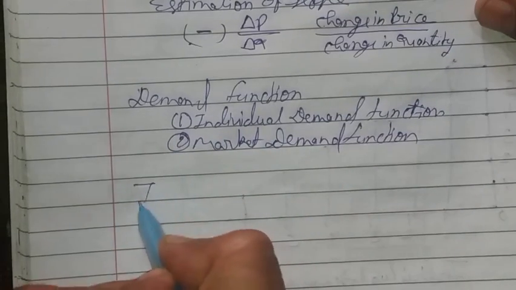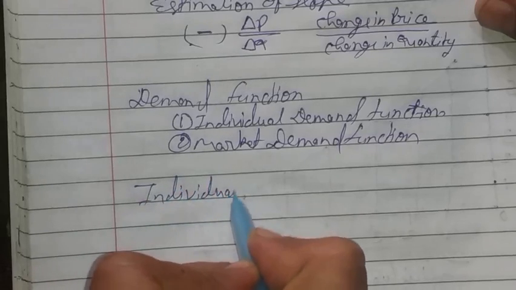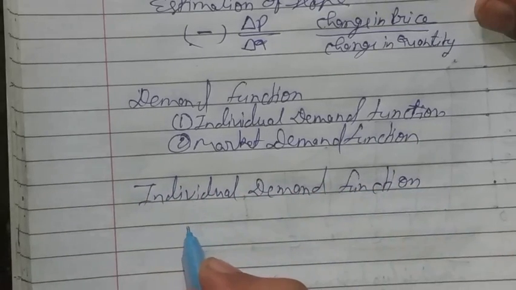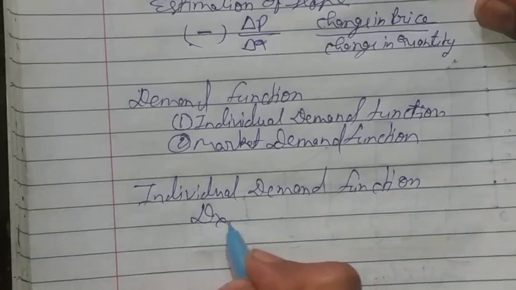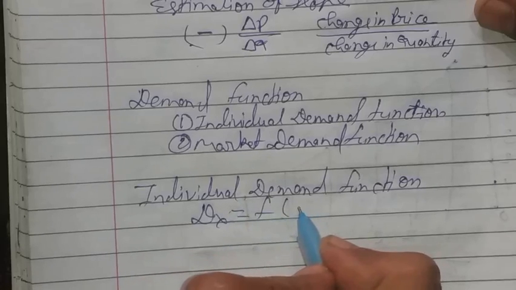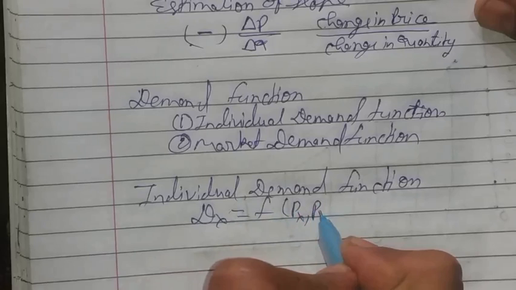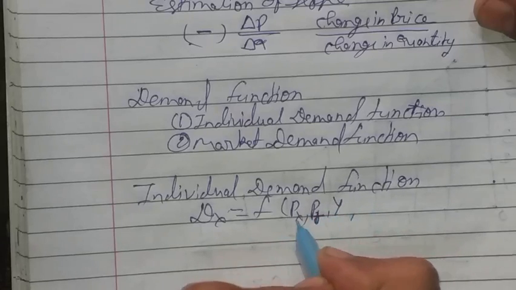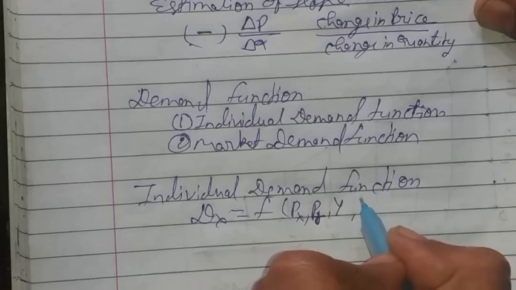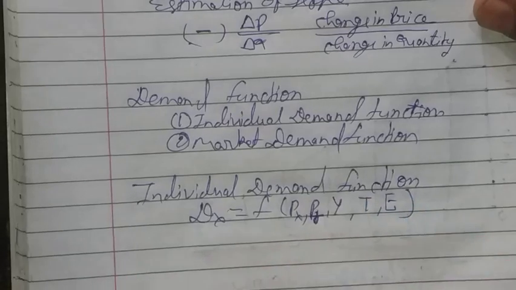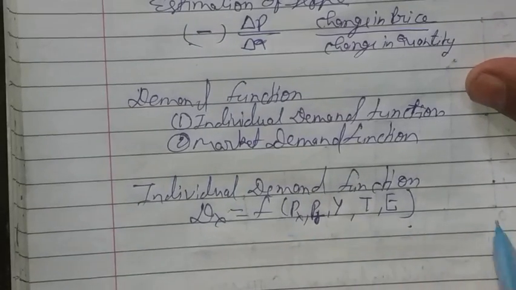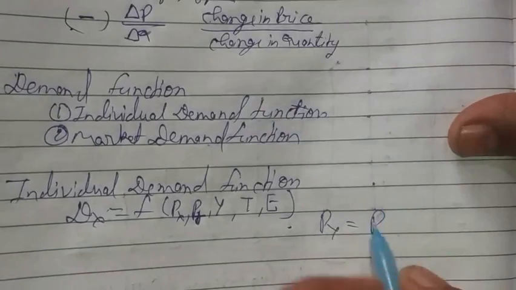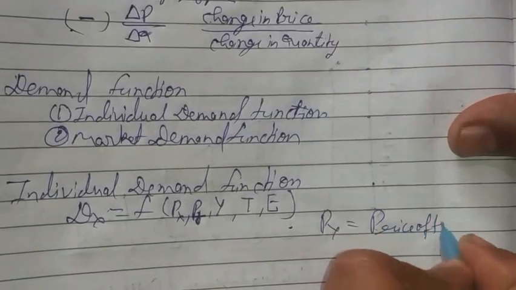Now, what is the individual demand function? Dx, the demand of x, where x is the commodity, is a function of Px, PR, Y, T, and E. Now, what do these all mean? Px is the price of the commodity.